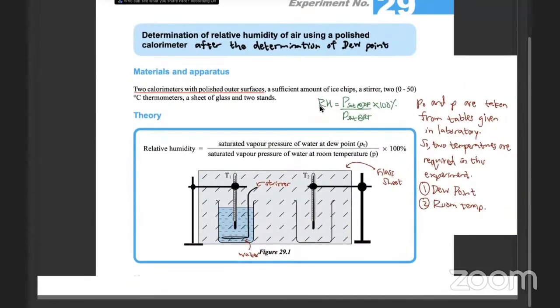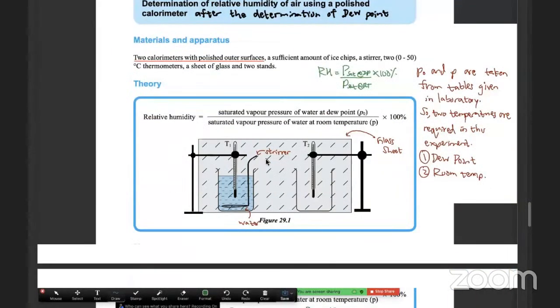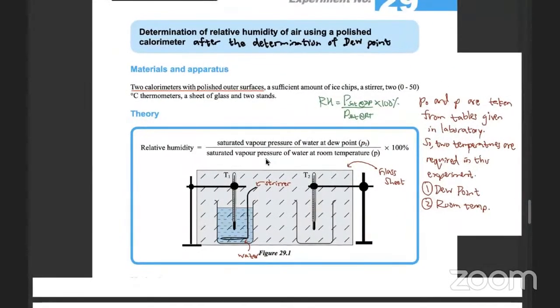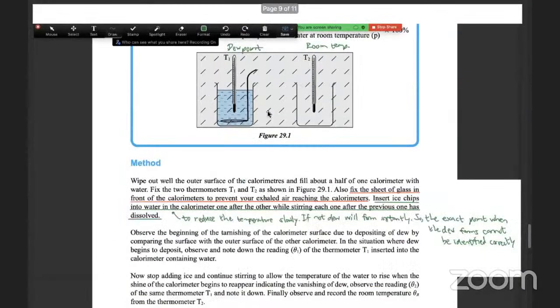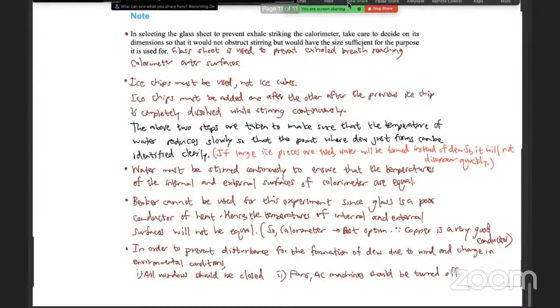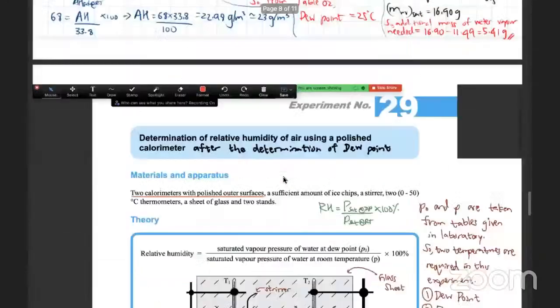Last week we also discussed the experiment we perform to determine the dew point at room temperature. We discussed that experiment and added a few additional points. We will need to answer certain questions.